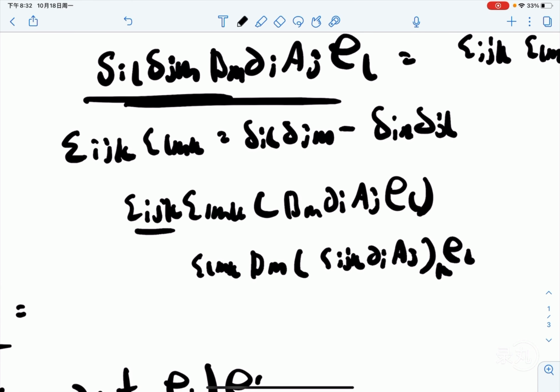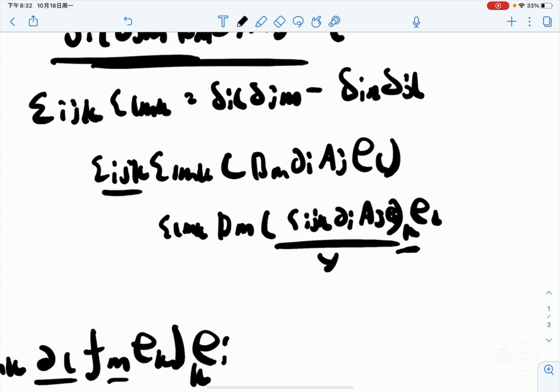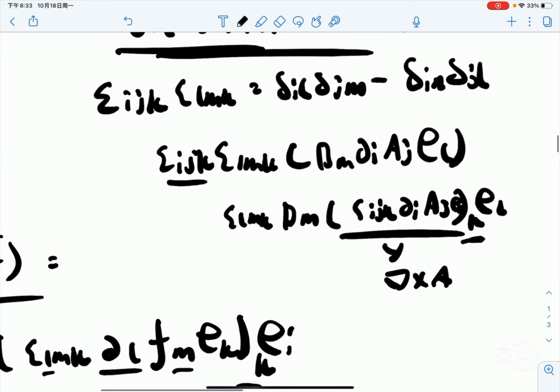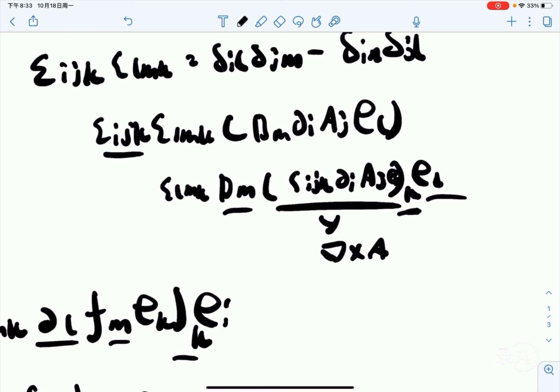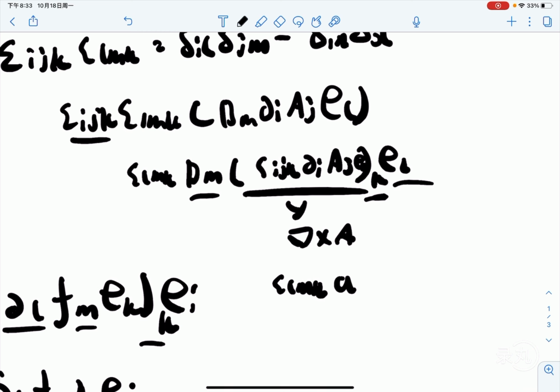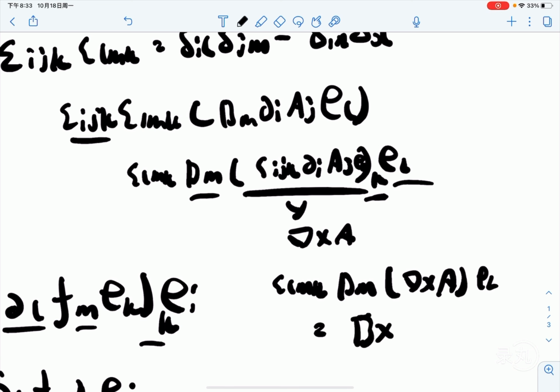So this is basically EK, K term, equal to this. And this is basically like, okay, ELM, K, BM, A, K, which is equal to B cross with this.